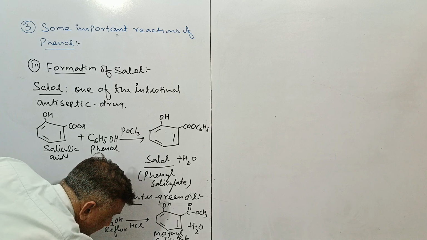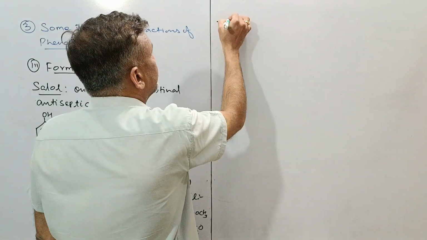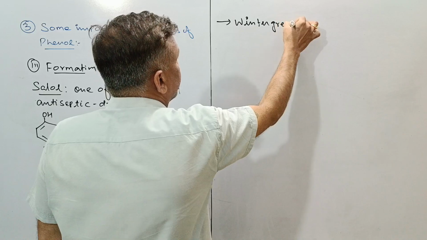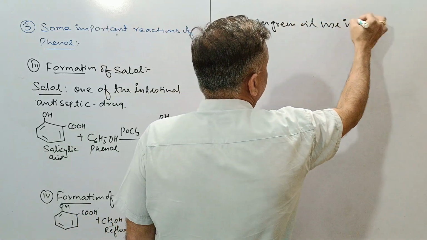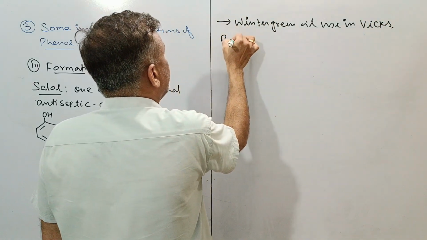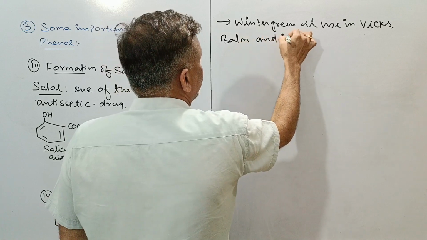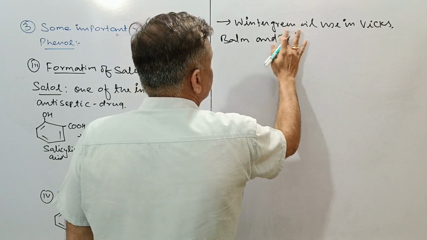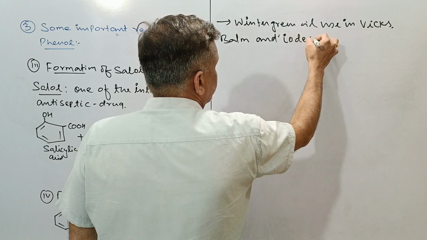This wintergreen oil used in wicks, different kinds of the balm, and iodex also.